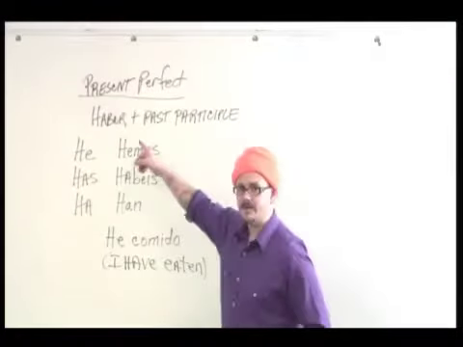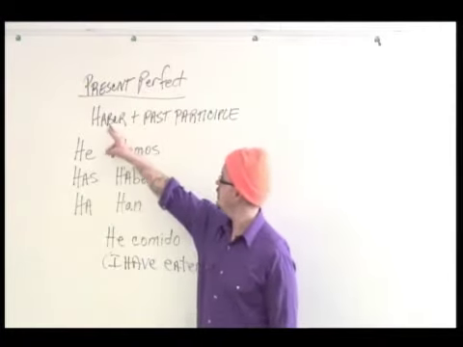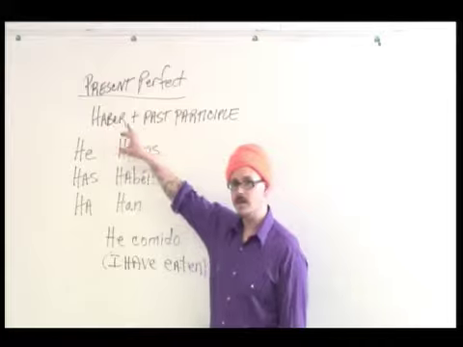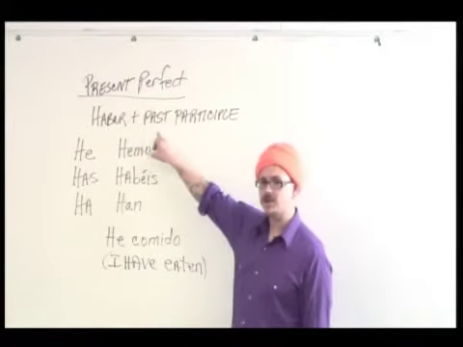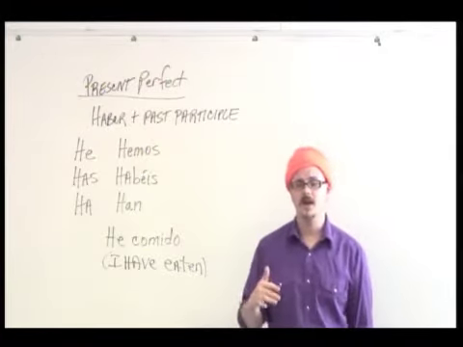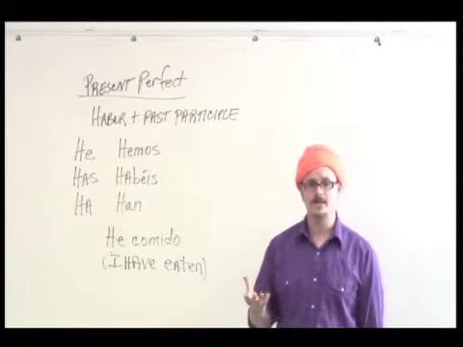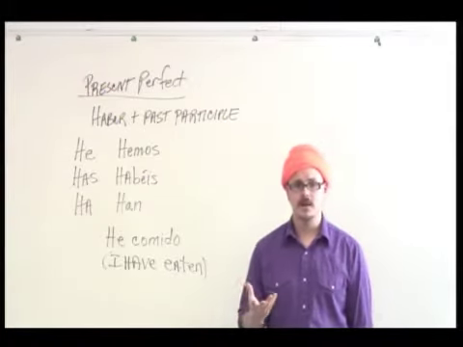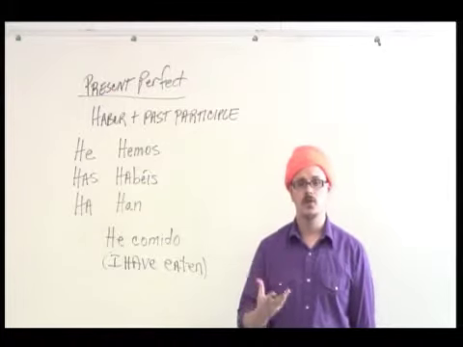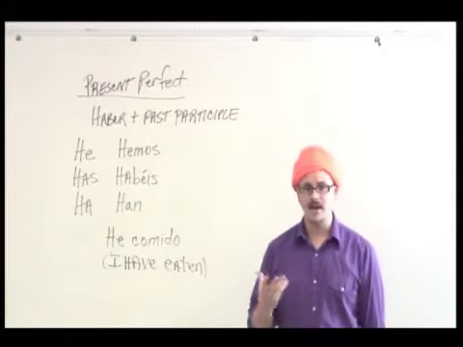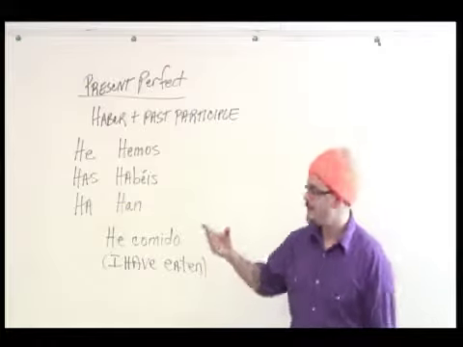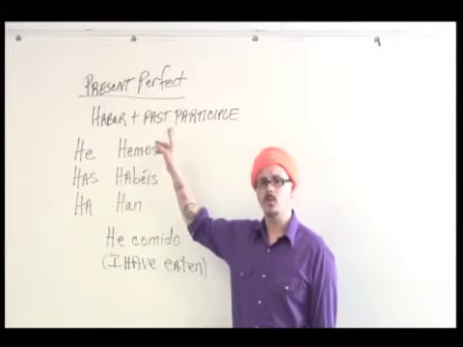Okay, so as I mentioned, the present perfect will be formed by haber plus the past participle. We just looked at past participles in the last class, and we talked about the way that they're used as adjectives. If you remember, when a past participle is used as an adjective, it needs to change to agree with the noun it's describing, as any adjective must. Past participles, when they're used as part of a verb, will never change.